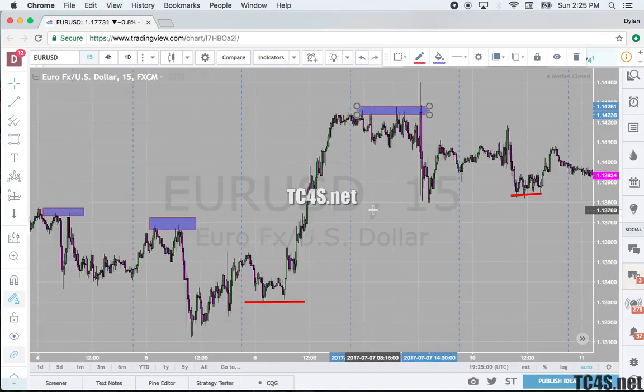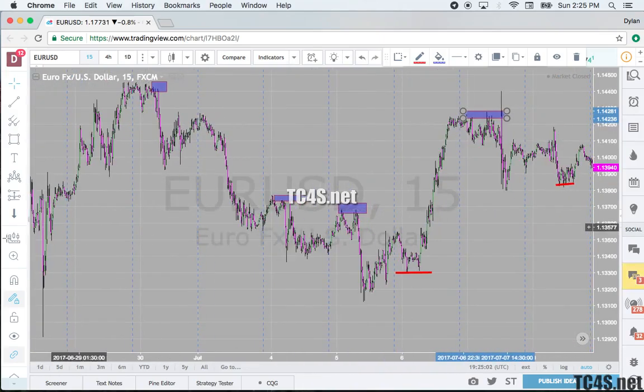the blue boxes, the take profits we want to have as 30 to 50 pips. Now, take profit 1, 30 pips. Move your stop loss to break even, and then go for take profit 2.